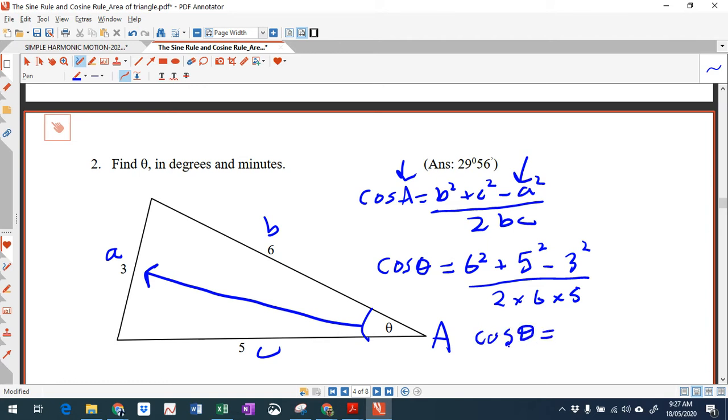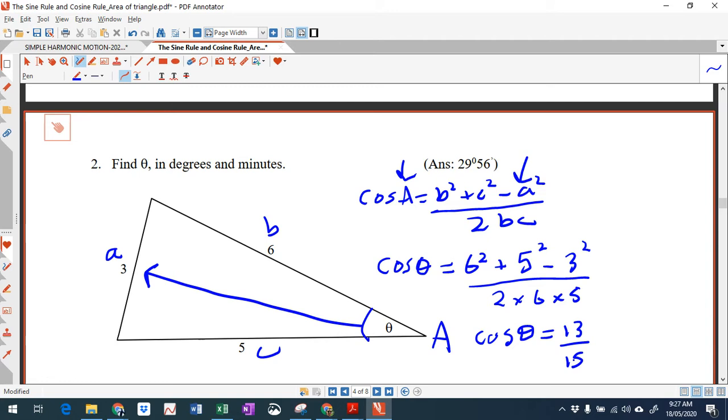Let's have a look. We're going to have 6 squared plus 5 squared, I'm using the fraction button on the calculator, minus 3 squared over 2 times 6 times 5. You'll get 13 on 15 exactly. So that does simplify to an exact number.